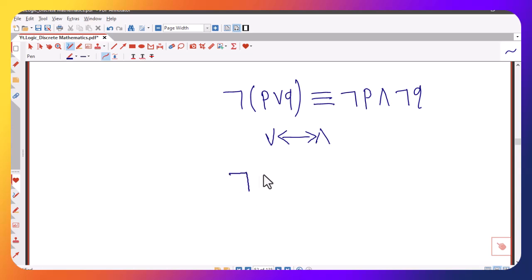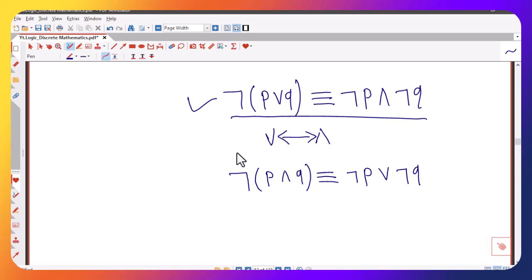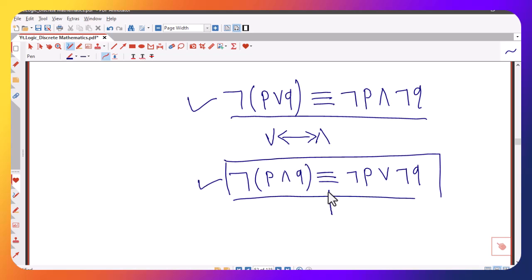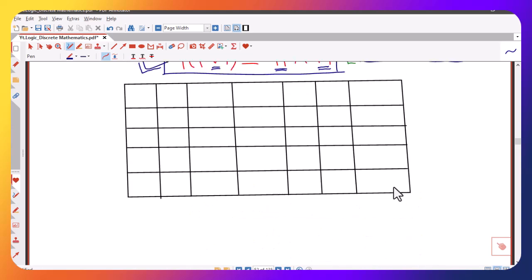Let me write another form of De Morgan's law: negation of P and Q is equivalent to negation P or negation Q. In this lecture we are going to prove the first De Morgan's law, and using the same method you can prove that this one also is true, or show that these two are logically equivalent.